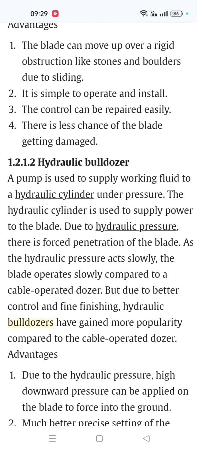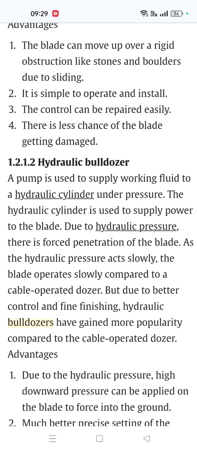1.2.1.2 Hydraulic bulldozer. A pump is used to supply working fluid to a hydraulic cylinder under pressure. The hydraulic cylinder is used to supply power to the blade due to hydraulic pressure.